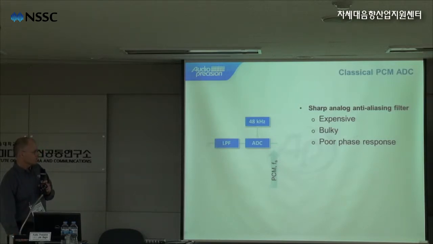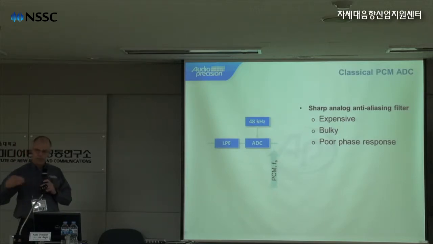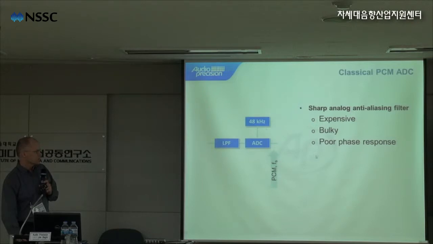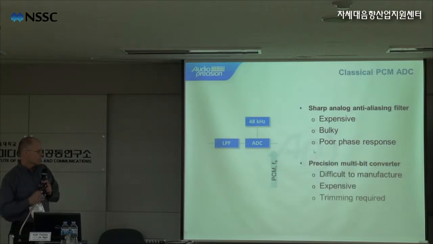So you have a low-pass filter, the signal comes in, the A to D converter, so any of the out-of-band components are filtered out by this very expensive and bulky analog filter, and then we digitize the signal at 48 kilohertz sample rate. There's a precision multi-bit converter. It's difficult to manufacture, it's expensive, and it requires trimming, probably because of the analog anti-aliasing filter.